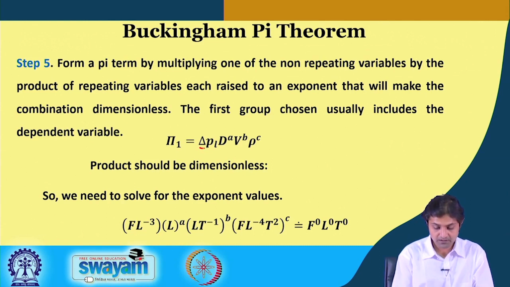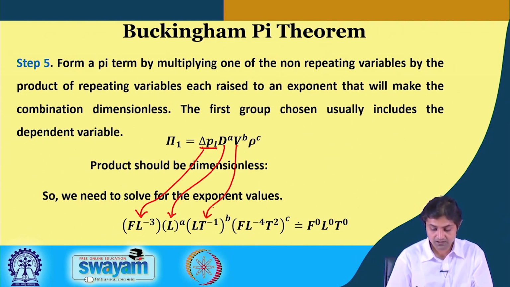We have written the dimensions of the pressure drop per unit length, and the dimensions of each of these variables: d to the power a means L to the power a, V is LT minus 1 so V to the power b, and rho is FL minus 4 T square, and this to the power c.